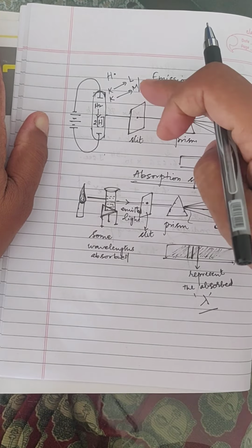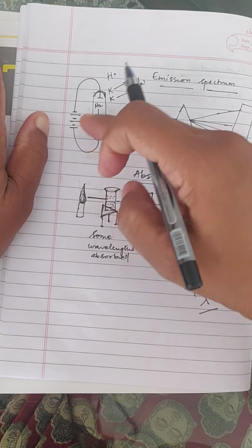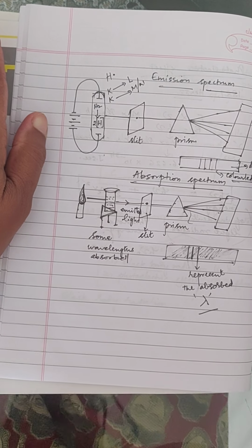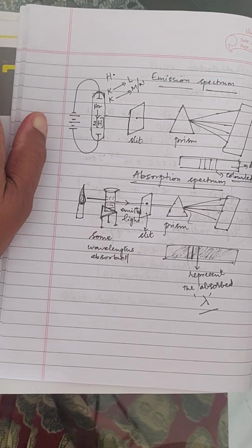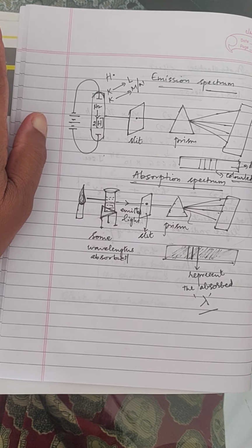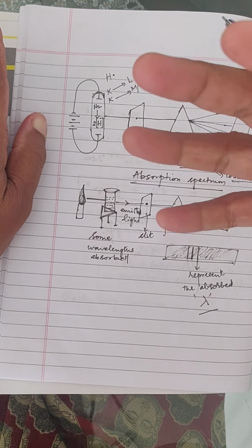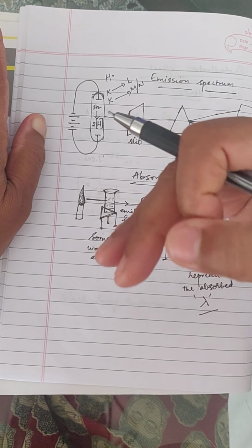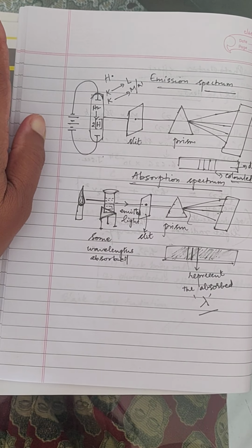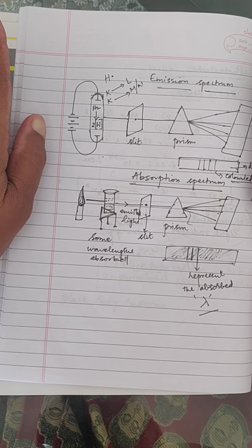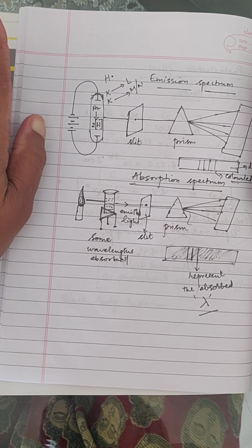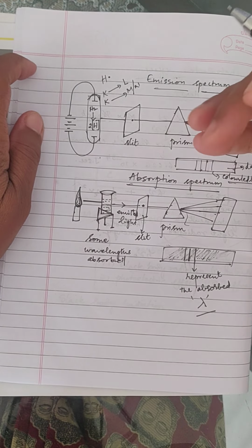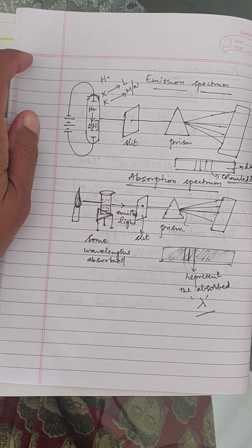Okay, so these L, M, N, what are they? They are all imaginary spaces around the K shell of the hydrogen atom. Whichever electron has absorbed more energy will rise to a higher level. Whichever has absorbed lesser energy will rise to a lower level. So now here, depending upon the energy absorbed, you will get the emitted energy.